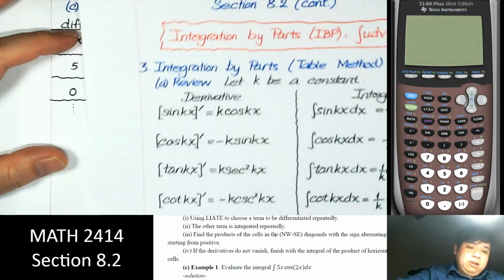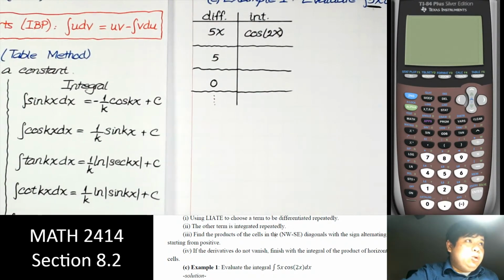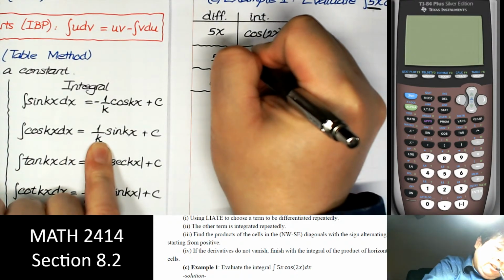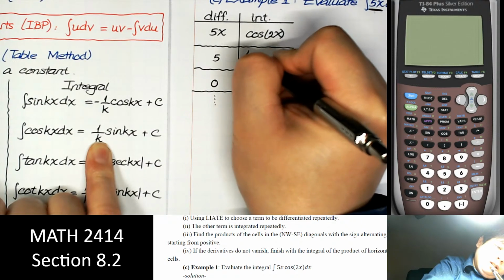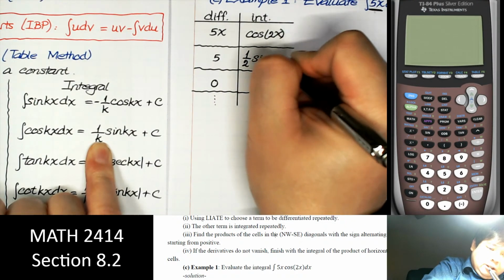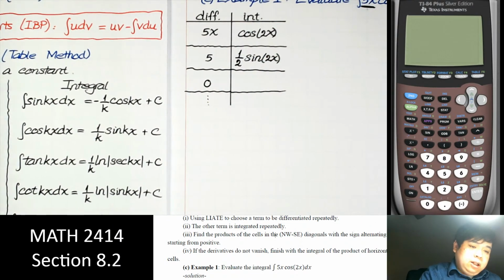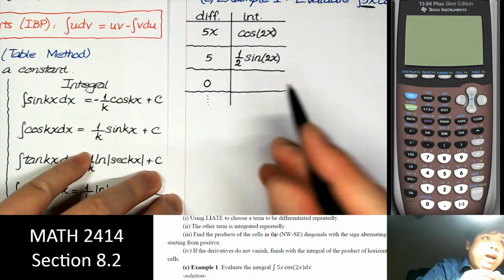So integral of, that's why we write this out earlier. So integral of cosine of kx is 1 over k, in this case 2, sine of 2x. And then integral of sine of 2x is negative 1/2.